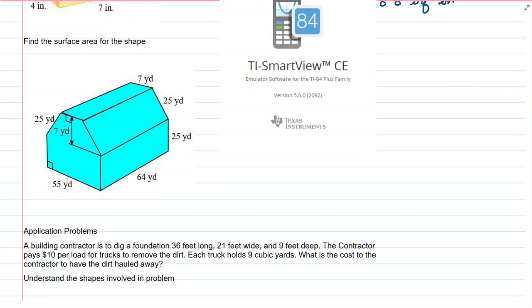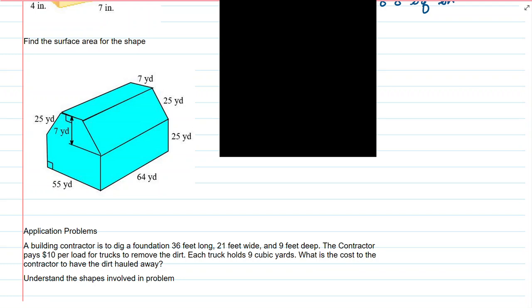So it's a trapezoid there, and one opposite that side. And we have here the width is 7 yards, so it's like the height, and the diagonal is 25 for this plane. So this is a slant side rectangle, and we have two of those.